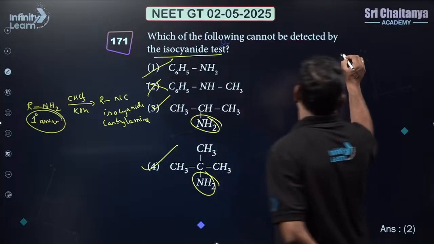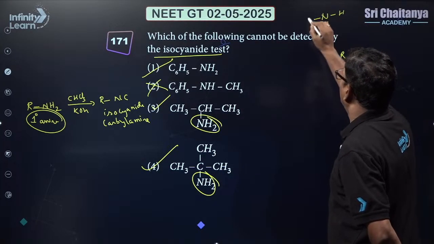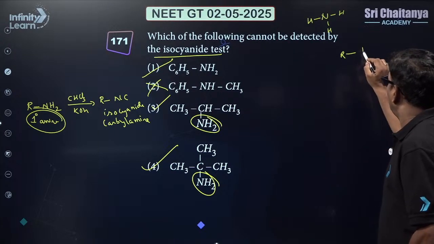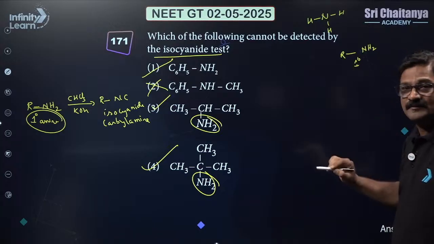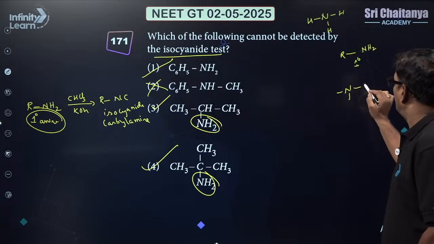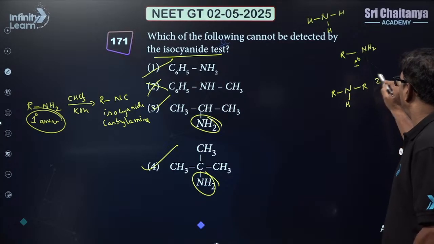This is called primary amine. This is ammonia, right? If in ammonia one hydrogen is replaced by an alkyl group, that is called primary amine. If two are replaced, that is called secondary amine.